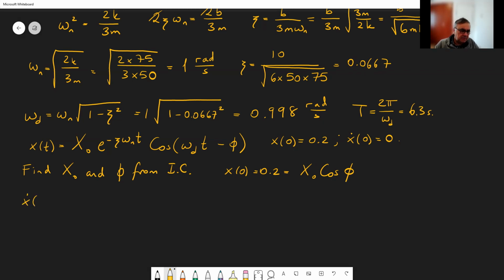X dot of t, in general, we have to take the derivative of this, and it will be what?